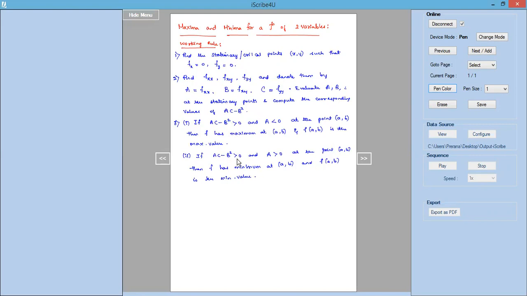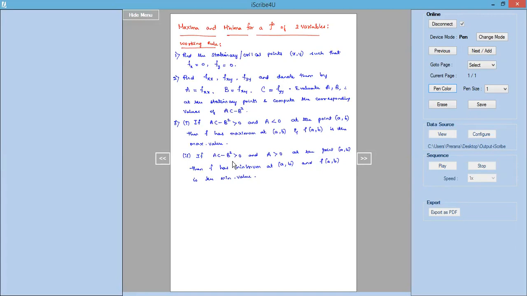If AC minus B square is positive and A is also positive at this critical point, then f has a minimum at (a, b) and f of (a, b) gives us the minimum value. These two cases happen only when AC minus B square is greater than 0.